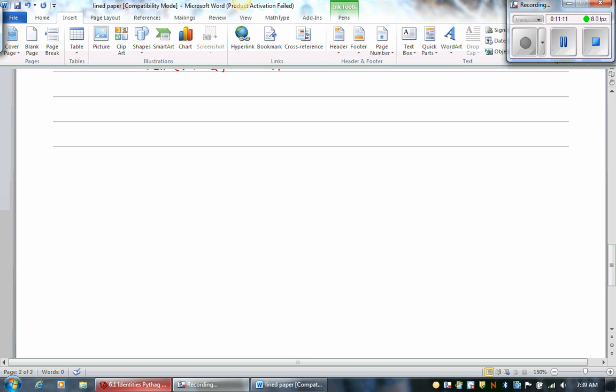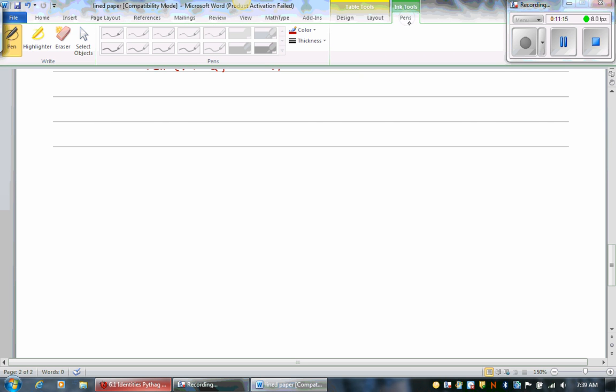Okay, so the next ones that we're going to look at are our double angle identities. If we have a double angle of some measure, we'll call it x, the new angle will have to be 2x.